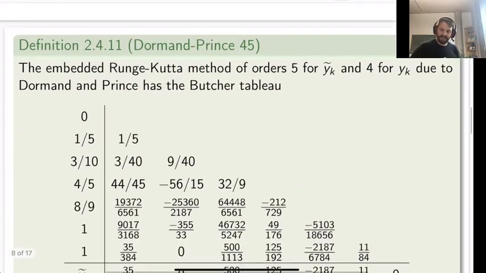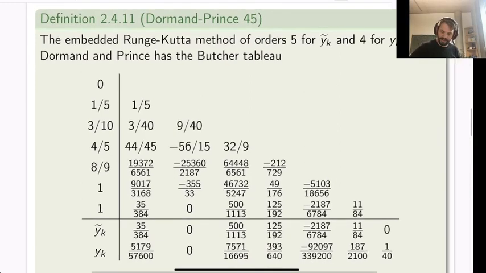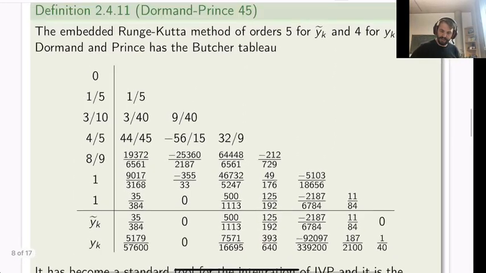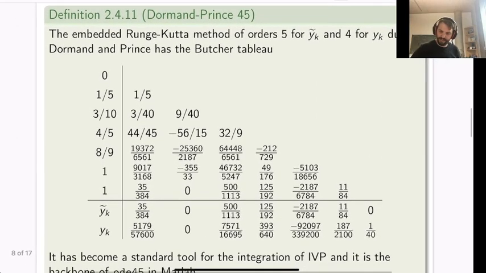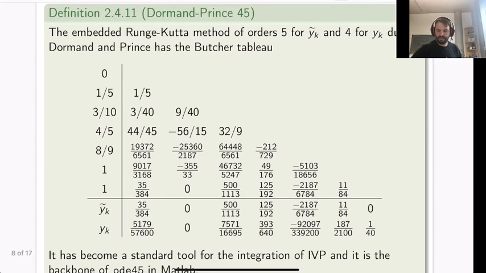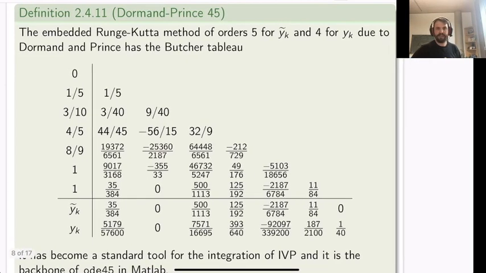And as I promised, I'll finish the chapter with the most popular adaptive explicit Runge-Kutta method, namely the Dormand-Prince 5(4) embedded Runge-Kutta method, which constructs two approximations for uk, one yk tilde of order 5 and one yk of consistency order 4, and has the following Butcher tableau.